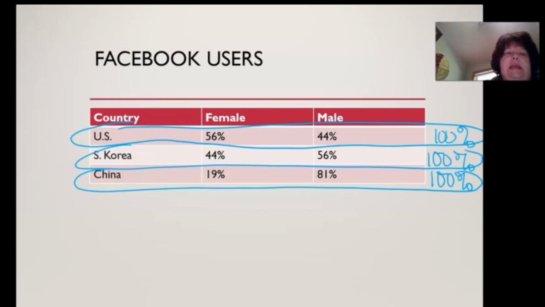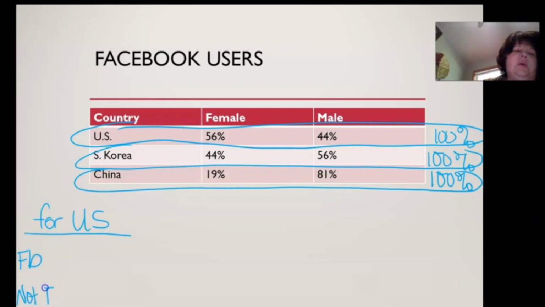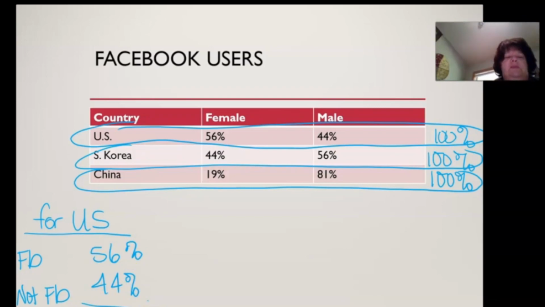So what this is saying is for the US, you have a distribution of Facebook and not Facebook of 56 versus 44. Oh, I'm sorry, this should be females versus males. It is all Facebook. Sorry.